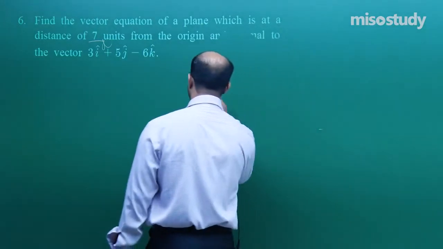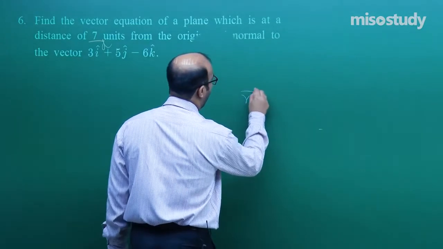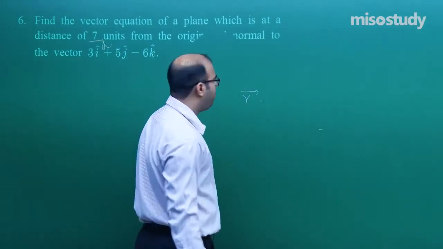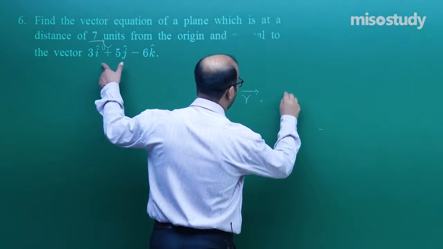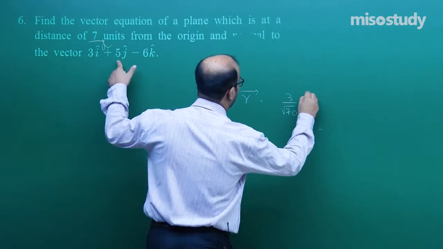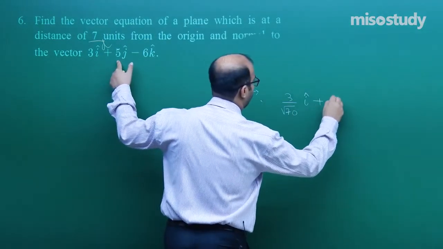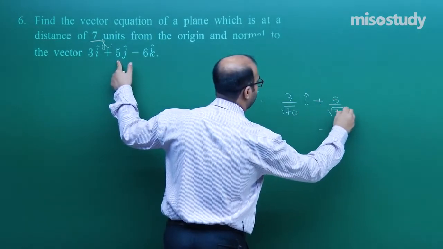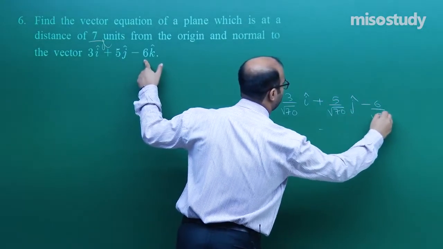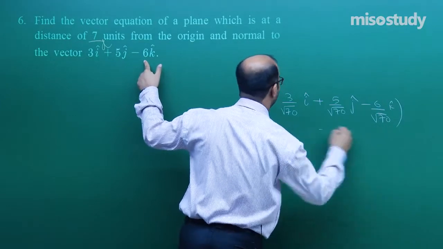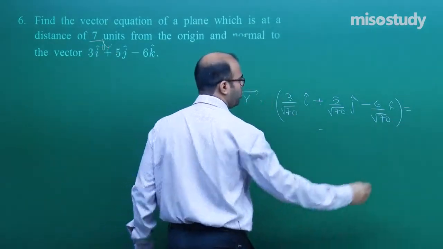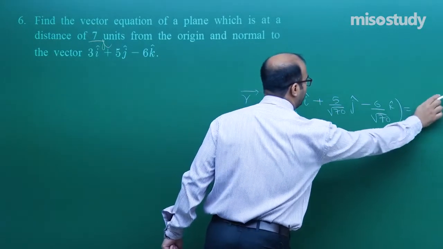So we can directly write that r dot n cap, which is a unit vector perpendicular to the plane, and that is actually 3 by root 70, as its magnitude is root 70, i cap plus 5 by root 70 j cap minus 6 by root 70 k cap is equal to d, which is actually the distance from the origin of this plane, and that is 7 units.